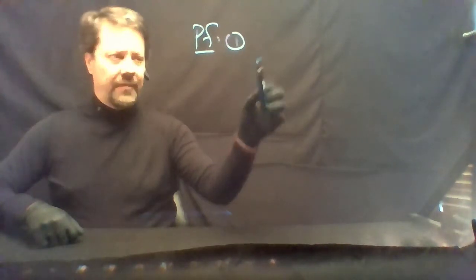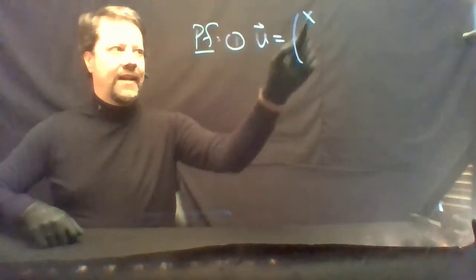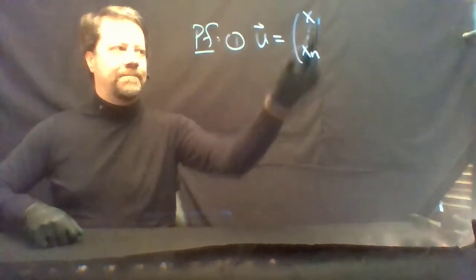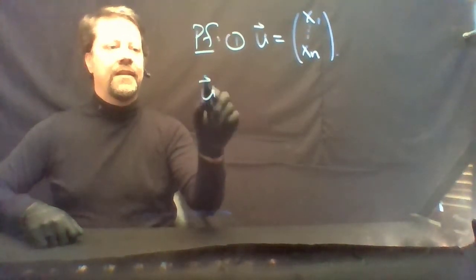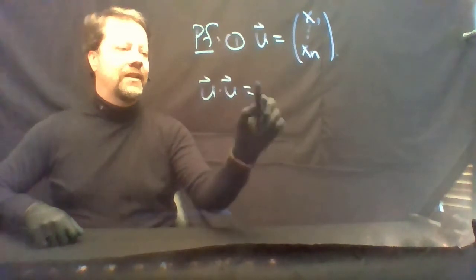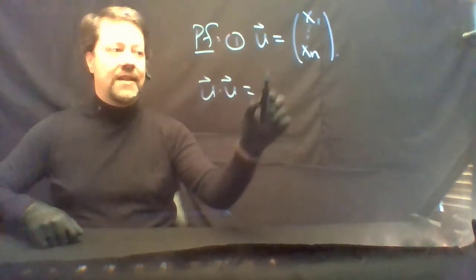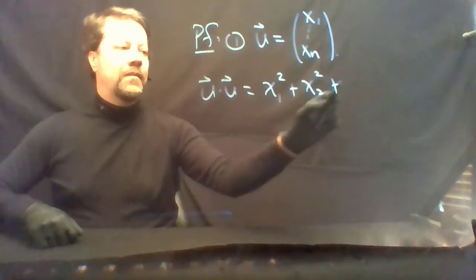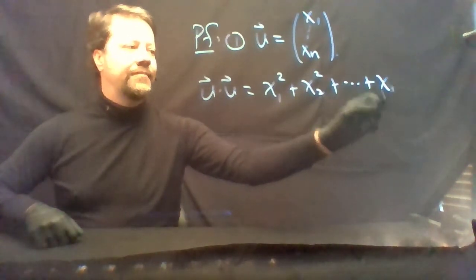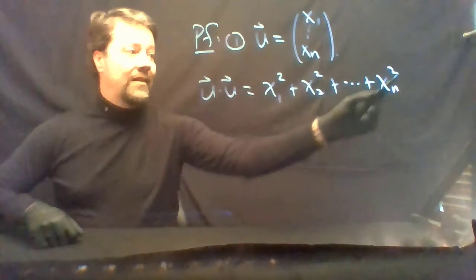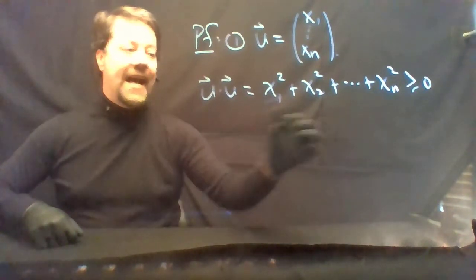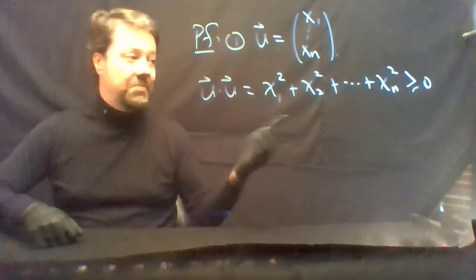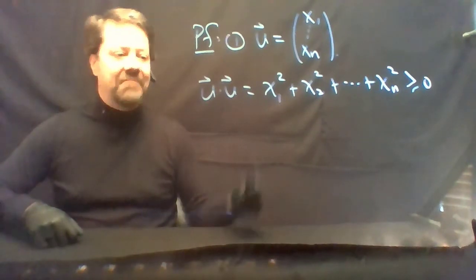First of all, let's suppose that we have u, and it has coordinates x1 to xn. Then u dot u will be these coordinates times themselves added up. Now, because you're adding a bunch of squares, there's no way you can get a negative out of that.